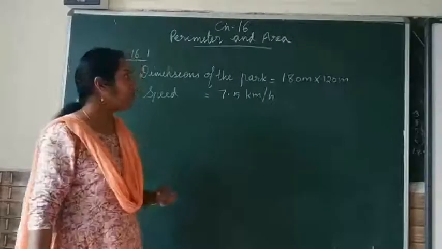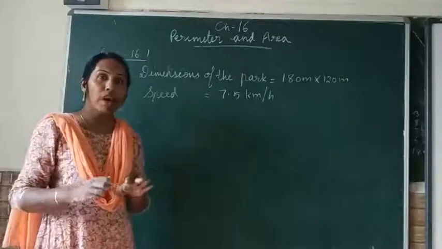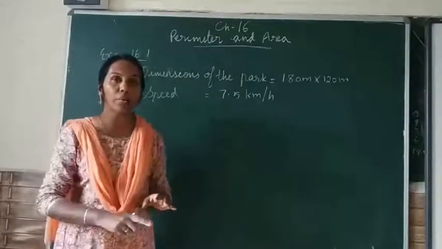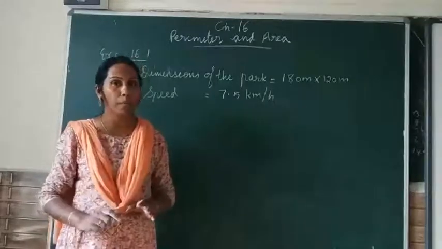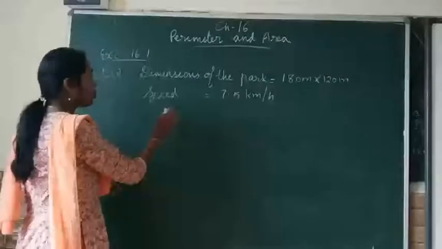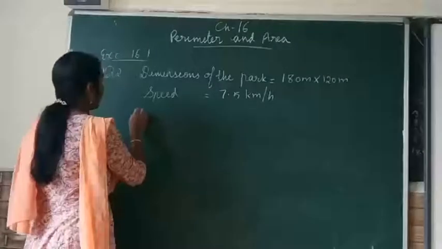This is the question. So first of all, we know that if she wants to run around the park 1 time, she will cover a distance which is equal to the perimeter of the park. So let us first of all find out the perimeter of the park.